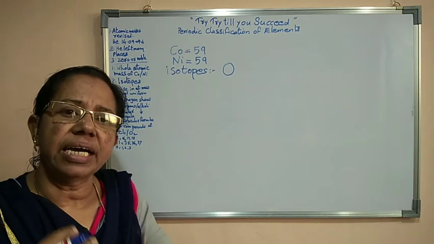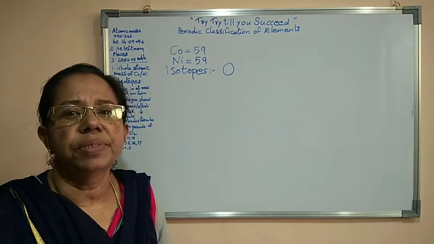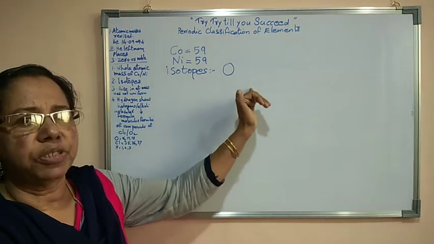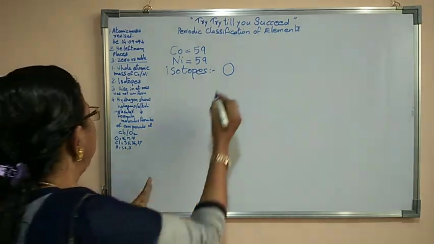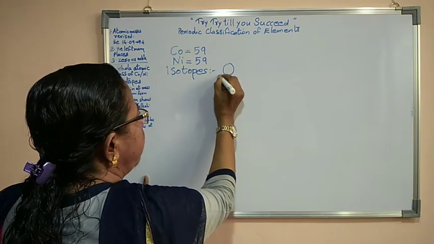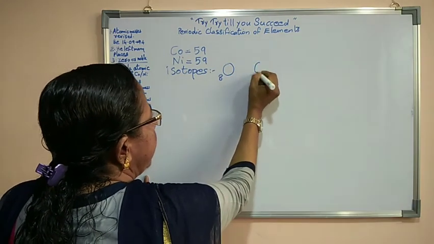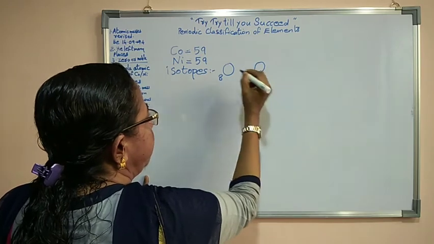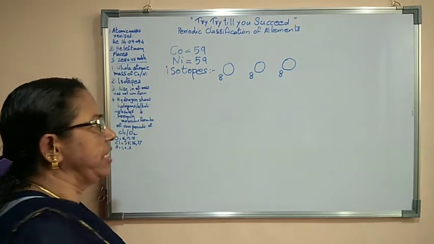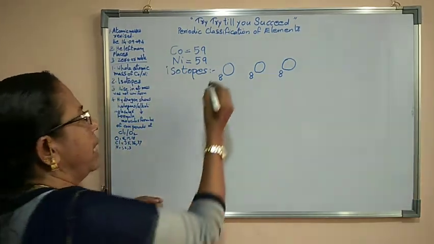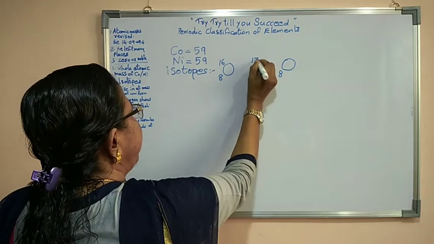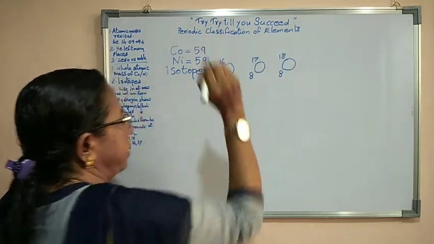Isotopes are atoms of the same element with different mass numbers. A few examples of isotopes of oxygen: the atomic number will be the same, but their mass numbers are 16, 17 and 18.